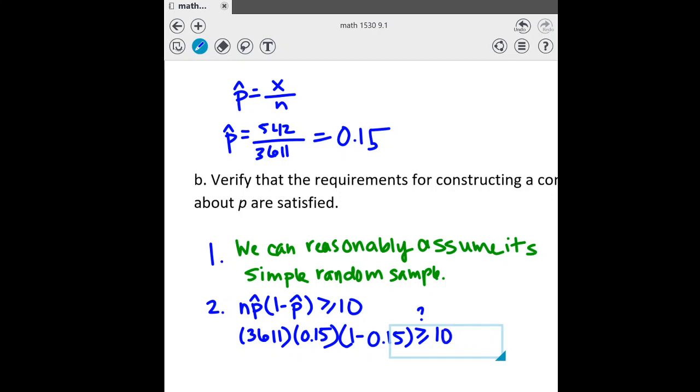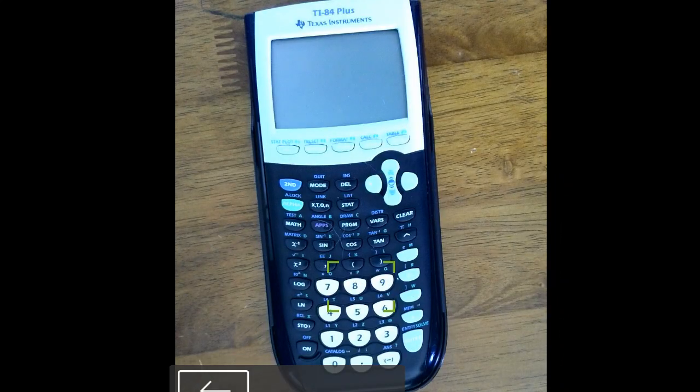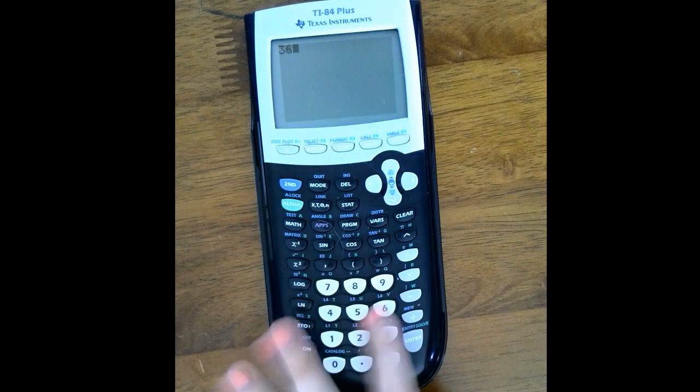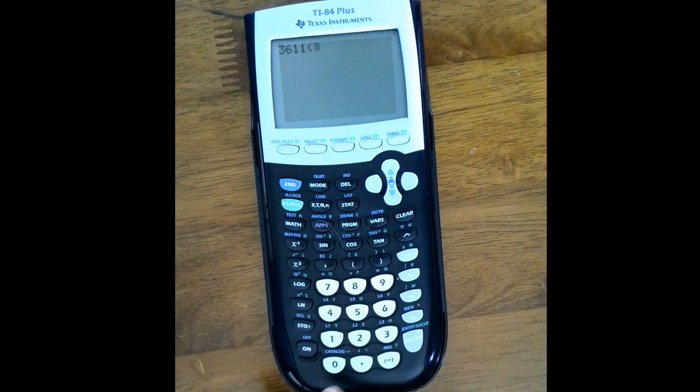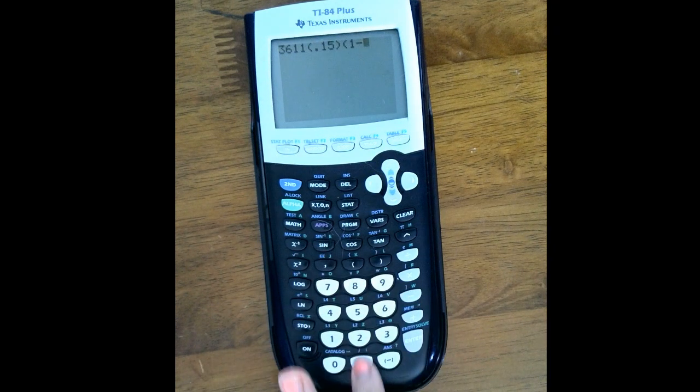So let me pull up my calculator here. I forgot to turn this back on, so it might be oriented the wrong way when I first turn it on. Let's change that. Okay, so we want to do our n, which is 3,611, times our p, which was 0.15, times 1 minus 0.15.